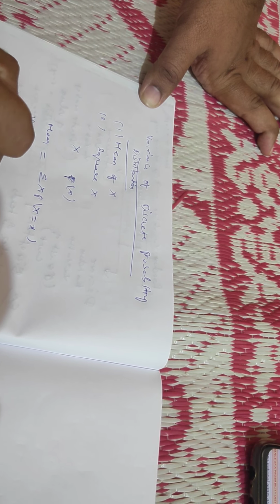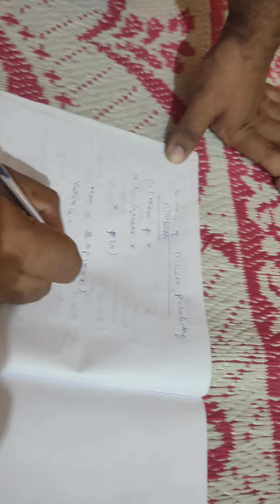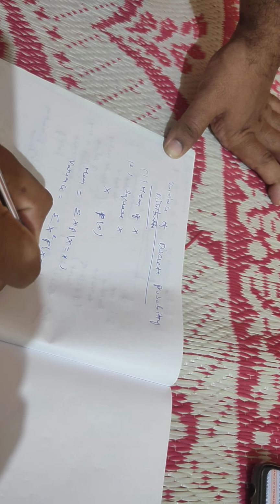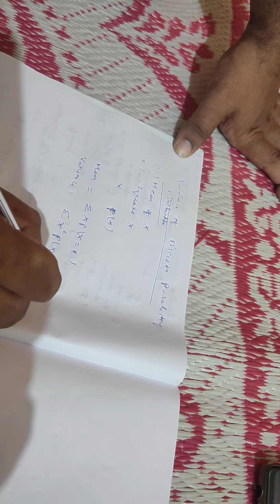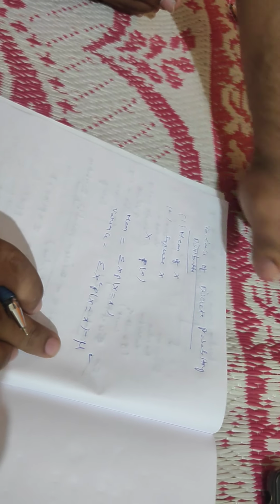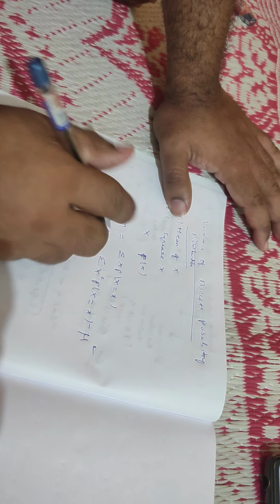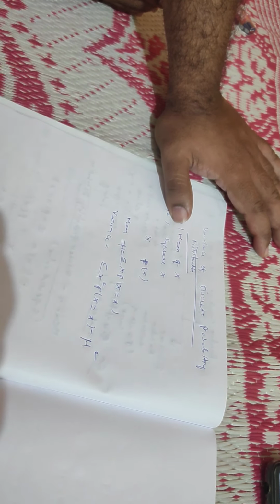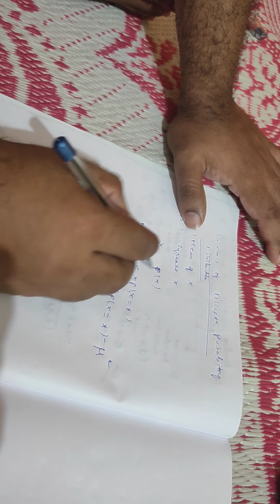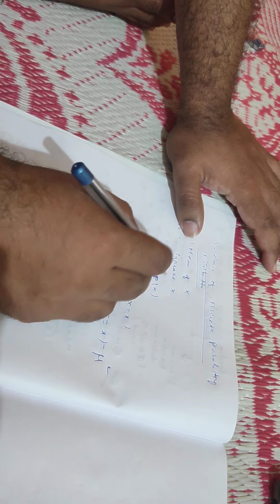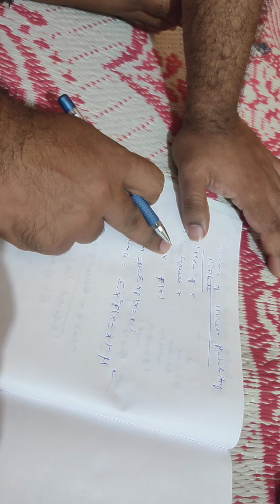Variance is given by the formula sigma x square p of x, minus mu square. So this mu you will get by finding the mean. Mean is nothing but mu. So we have to square each value of x and multiply with their probability.